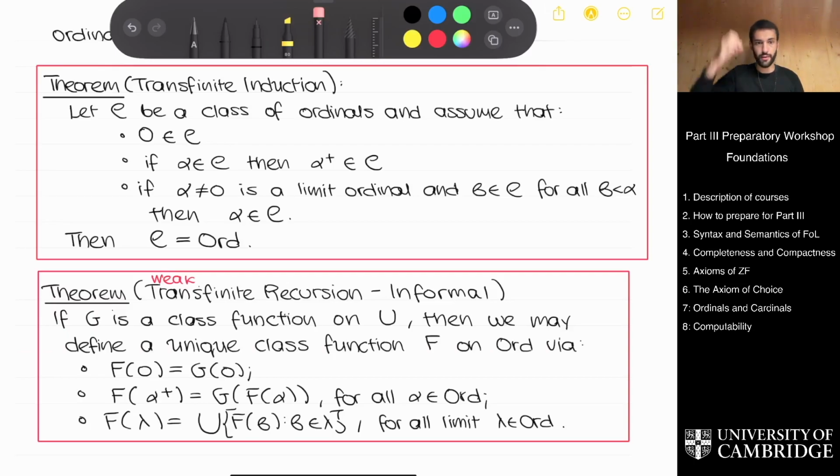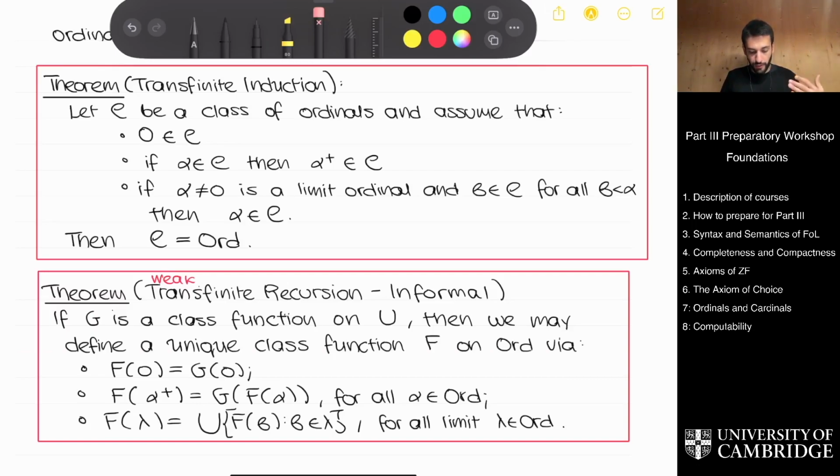So what it says is the following. If G is a class function on the class of all sets U, then we may define a unique class function f on the class of ordinals via transfinite recursion. What does that mean? We start at 0, so f of 0 will just be G of 0, where G is this fixed class function.